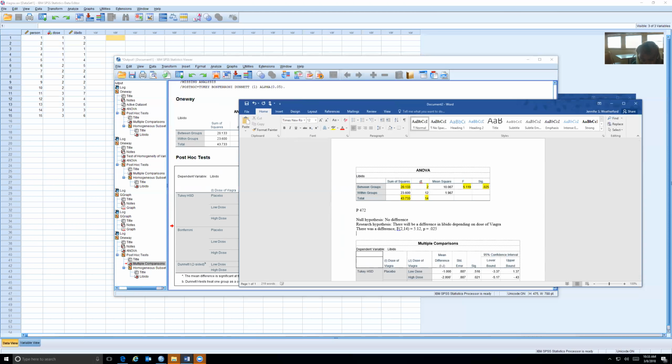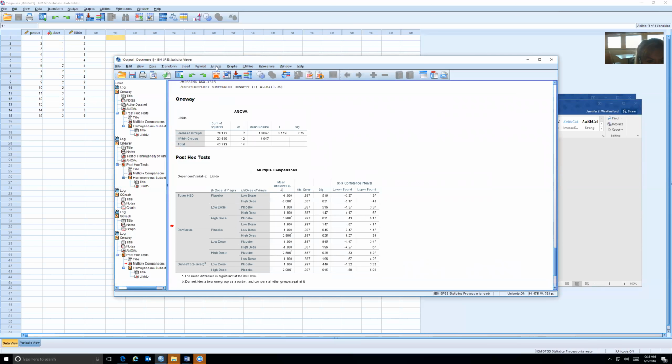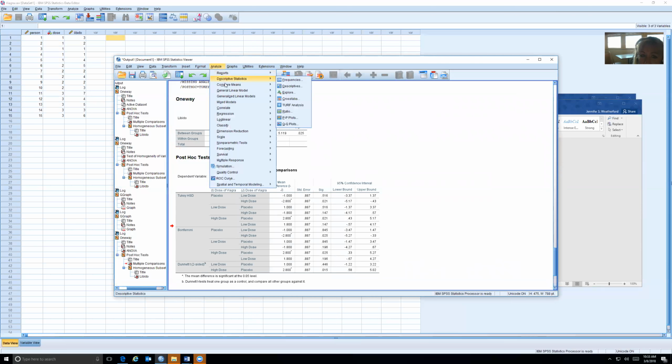I would also like you to report the mean and standard deviation of each group. And if you remember, you can get in here. Let's go back and just make sure we calculate that mean and standard deviation in Analyze. Here in Compare Means is a nice way to do this.